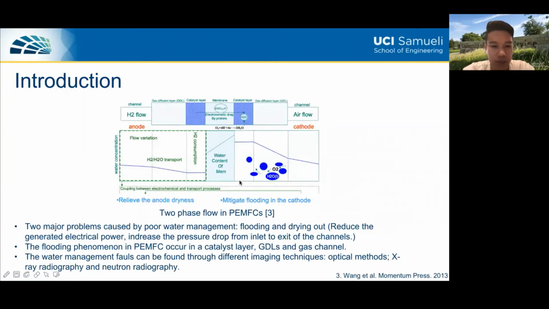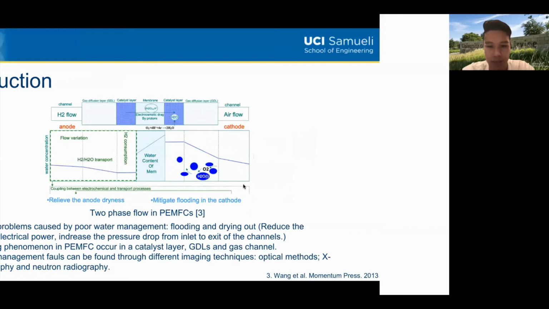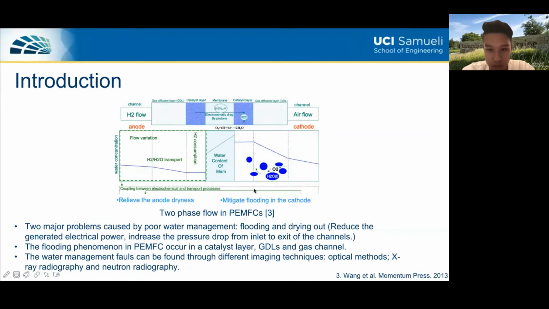And here is some introduction about the two-phase flow in the PEM fuel cell. The figure here shows the two-phase flow in the PEM fuel cell. The produced water is transported across the MPL and the GDL to the gas flow channels, in which it is removed out of the cell.